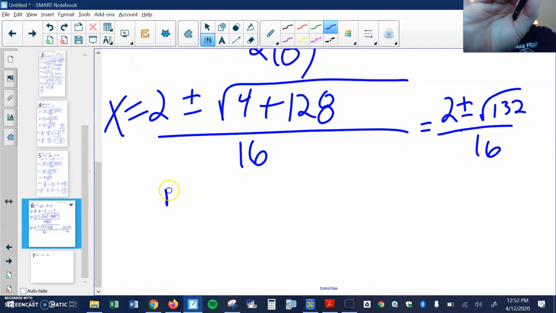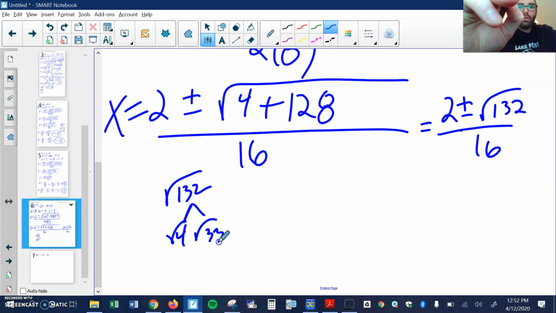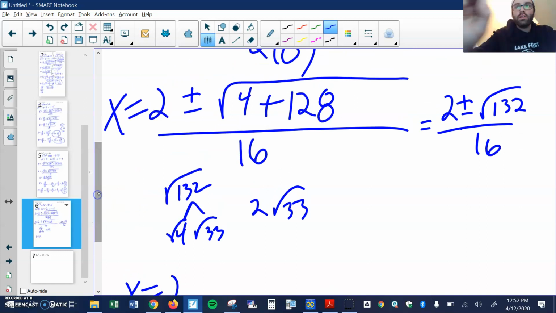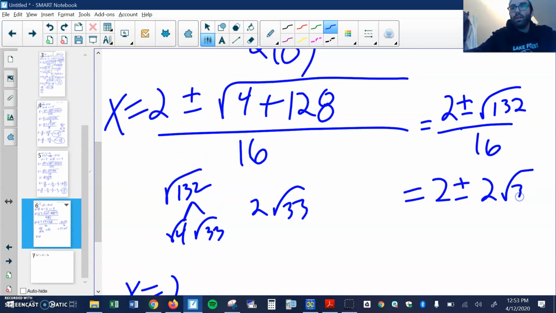Okay, I'm going to simplify root 132 right here. Root 132 is 4 and 33, which gives me 2 root 33. So I get x equals 2 plus or minus 2 root 33 over 16.